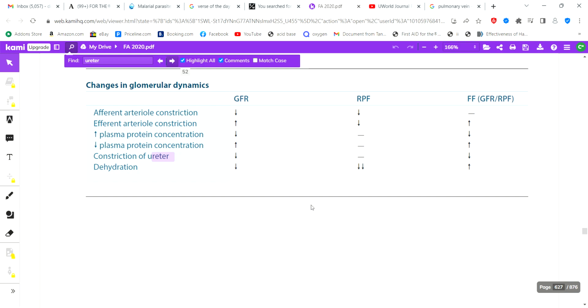This leads to systemic vasoconstriction and efferent arteriolar vasoconstriction. Okay, that's how your body tries to fight back when your heart is failing, by efferent arteriolar vasoconstriction to increase the BP in the body.